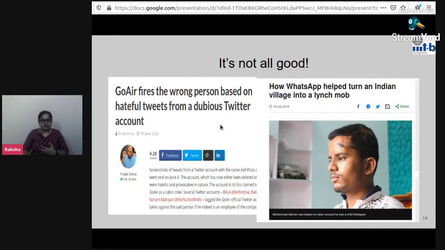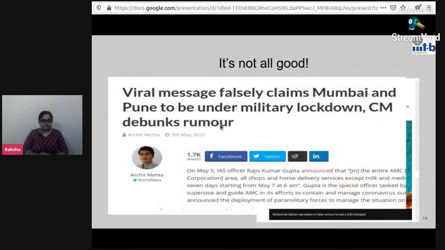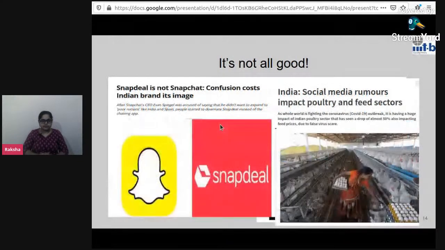For example, there is a lot of misinformation that goes on. There are a lot of rumors that go on, mob lynching, and people have lost their lives because of that. And then again, there is false information that goes around, which has a huge impact on the government, on the society, etc. And it has impacts on industries like the poultry industry, because of a rumor that goes around, or it has impact on companies and things like that.